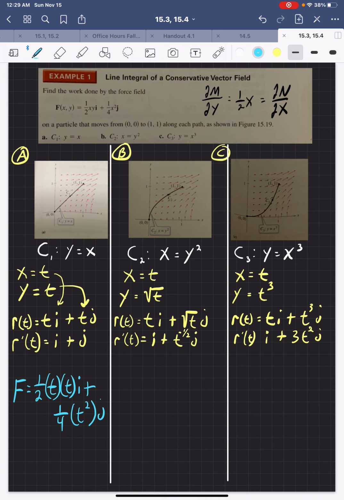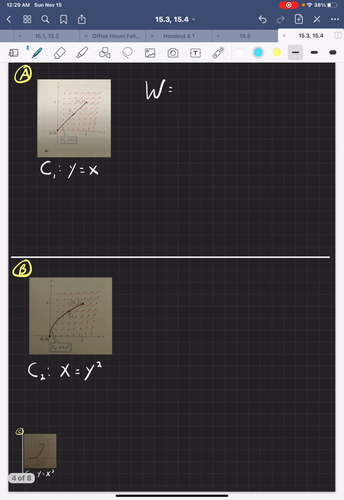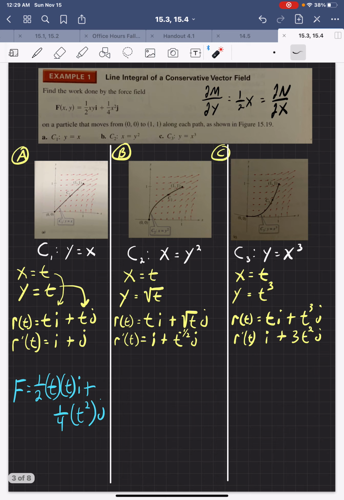All right. So let's go ahead and set up our formula for work, and that is going to be the line integral. Now, in each of these cases, we have defined x to be t.